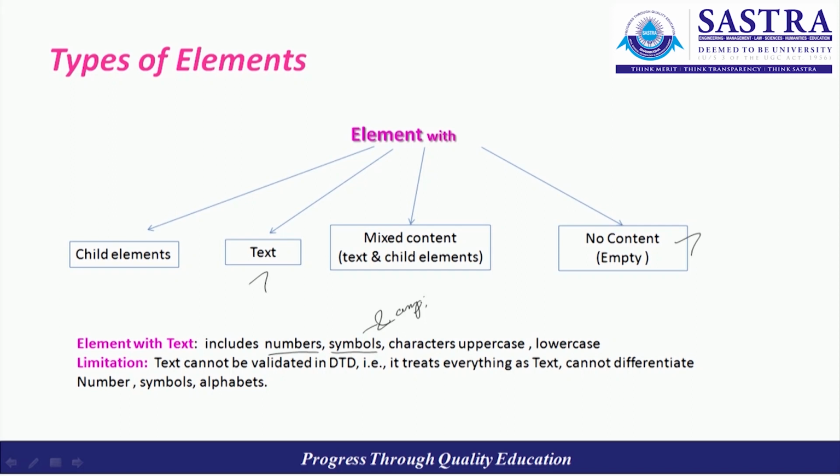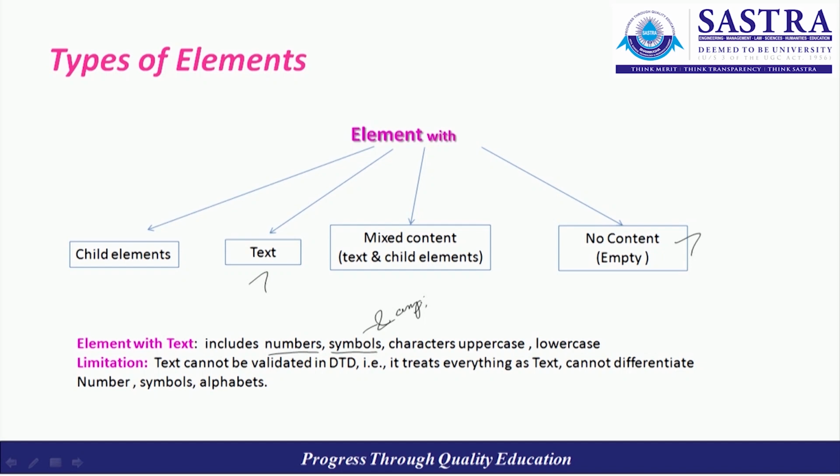And characters, uppercase characters, lowercase characters, these are the text that can be given for an element. The limitation with the document type definition is it cannot validate the text as numeric data or non-numeric data or symbols. This kind of validity is not possible with the document type definition, but anyhow we have a lot of methods for defining the various kinds of elements that we will discuss one by one.